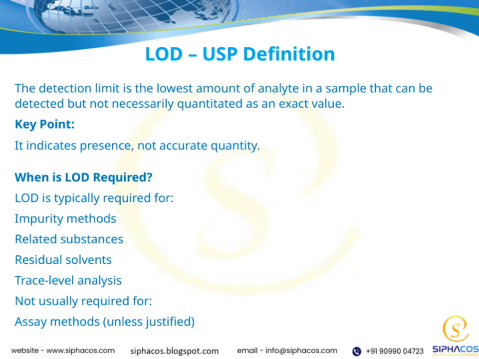On the other hand, for most assay methods, unless there's a specific justification, we usually don't need to establish the LOD. The focus there is more on quantifying the main analyte accurately rather than just detecting tiny traces. So, understanding when to use LOD helps us tailor our analytical approach to the requirements of each method, ensuring both accuracy and efficiency in our testing process.